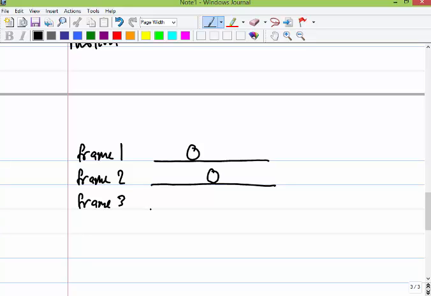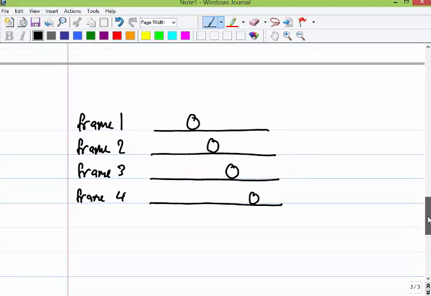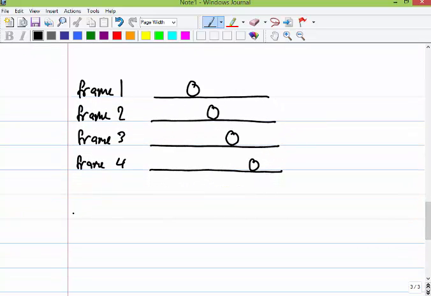In frame 3, the ball will be here. And in frame 4, the ball is here. So this is an example of an object in linear motion. The object's position is changing uniformly, or over a constant interval in time. If an object is speeding up or slowing down, then we say its motion is non-linear.